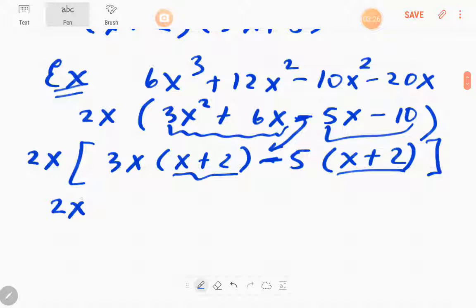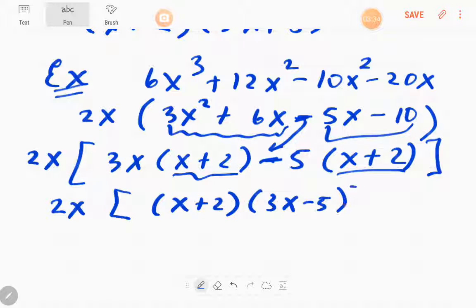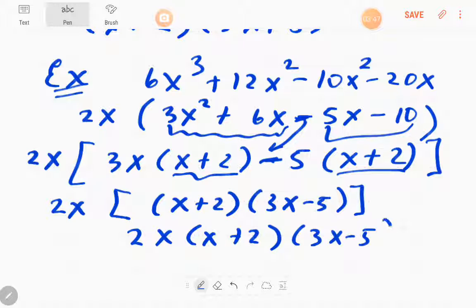And so we have 2x, factor out x plus 2, and 3x minus 5 remains. Here we could drop the square parenthesis, so our final factored form would be 2x, x plus 2, times 3x minus 5.